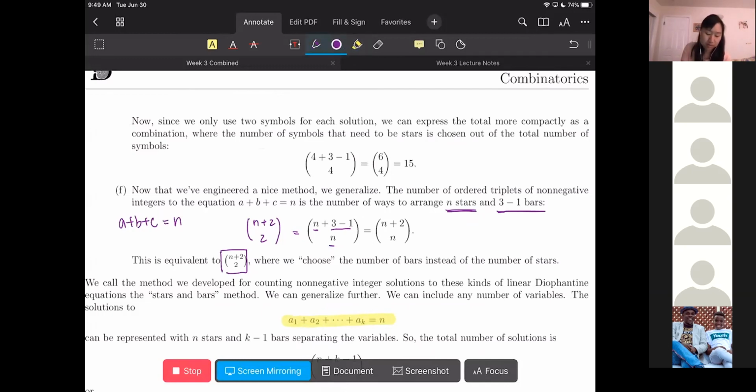So let's see if we can derive a formula for this. If we use the same approach, basically we have n stars, and then we have k minus 1 bars.